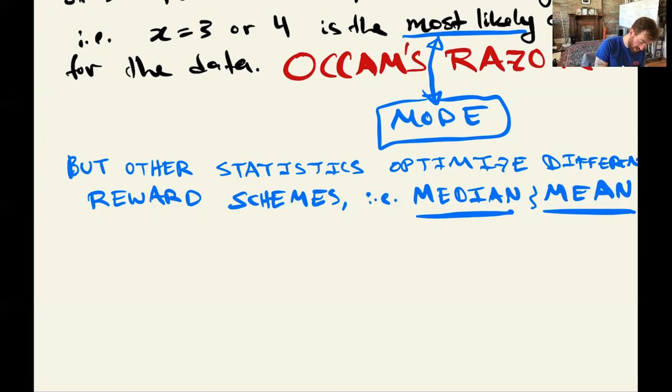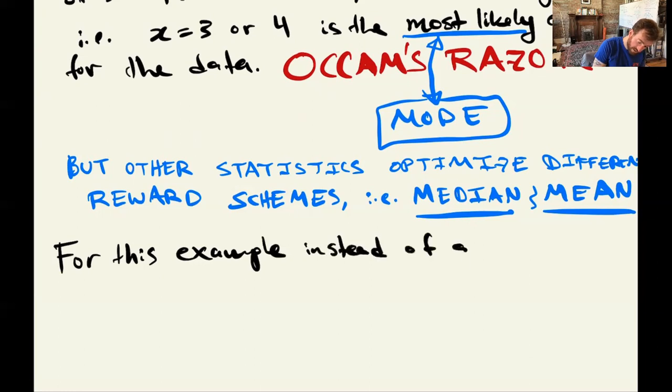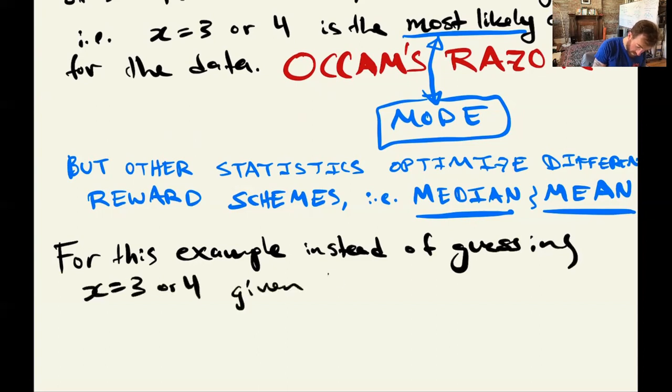So just to finish this thought, for this example, instead of guessing x equals 3 or 4, given that y equals 2, you could try to do some sort of long-range estimate.